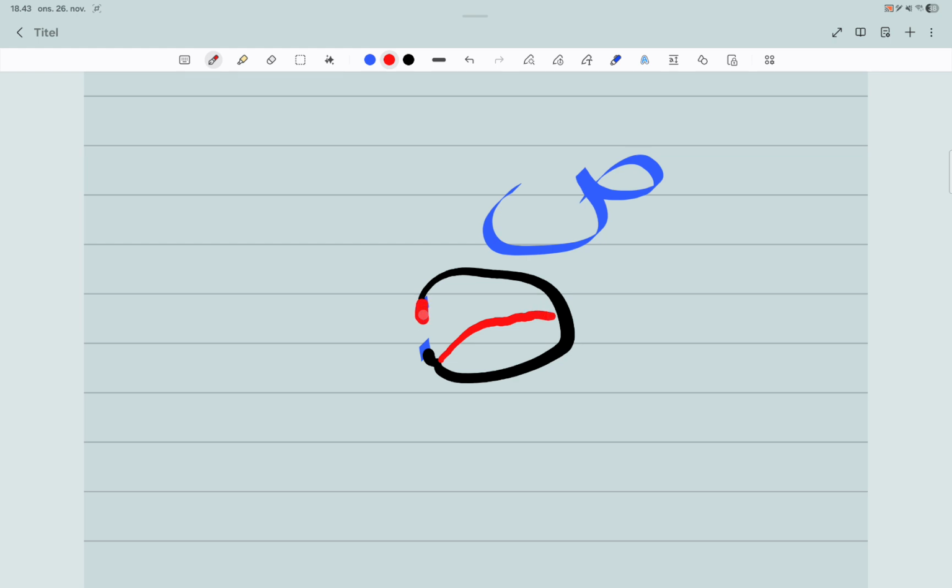And your teeth have to be close together, but they must not touch. So there is a space between your teeth here. Your mouth must be round.